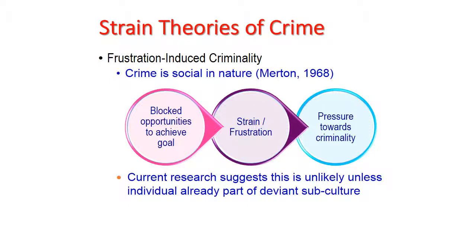The constant blockage leads to strain and frustration that somebody cannot deal with in the long time, and therefore they may find that criminal or deviant behaviors actually offer them a better coping mechanism to help them deal with this frustration in the long run.